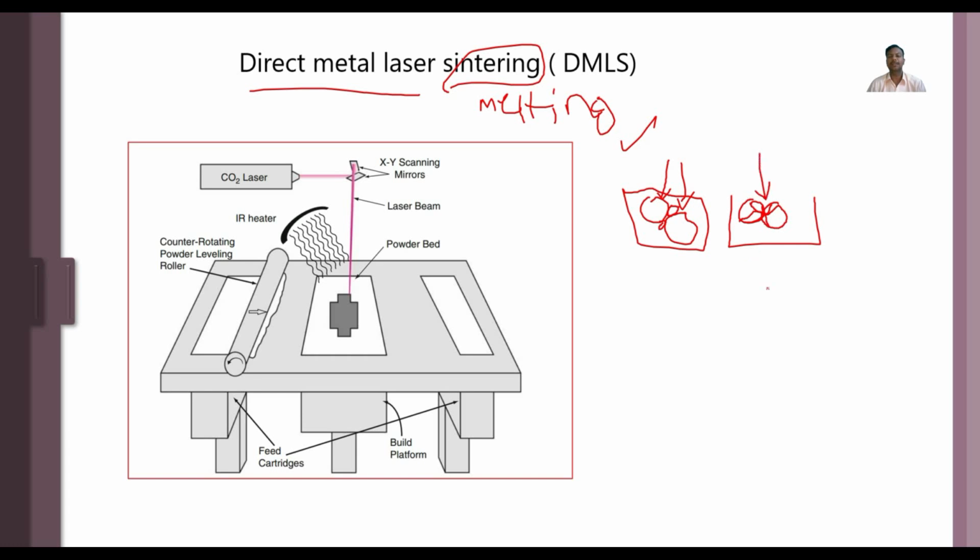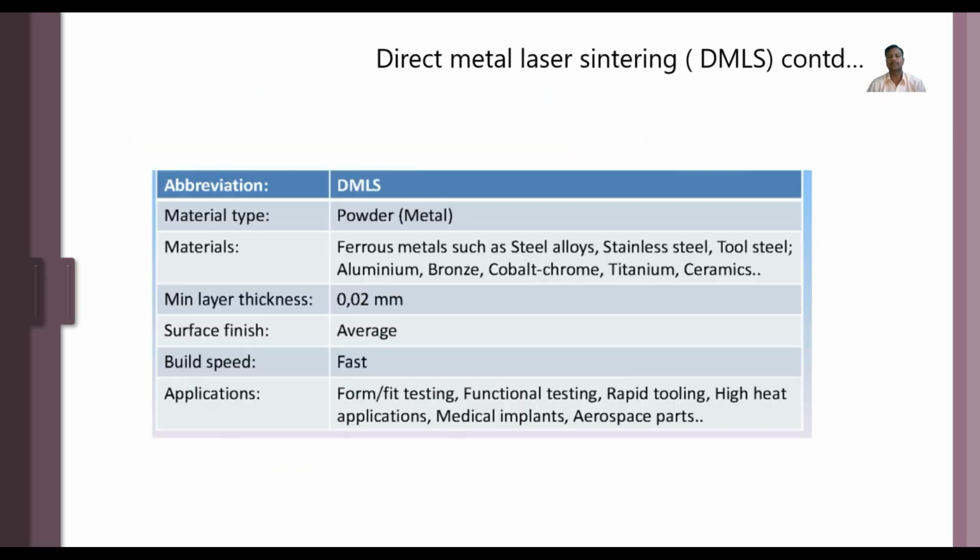That is the reason we call this the selective laser melting process. In both cases, the limitation is that we can print objects only in a limited area, either polymer based using SLS, or metal based.